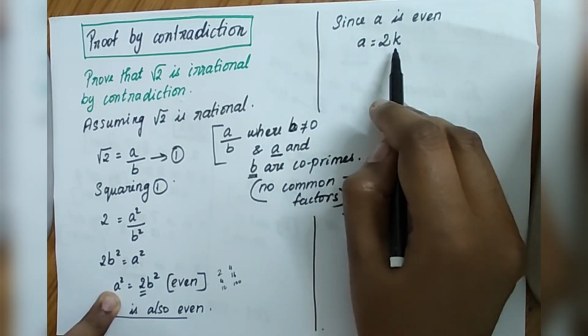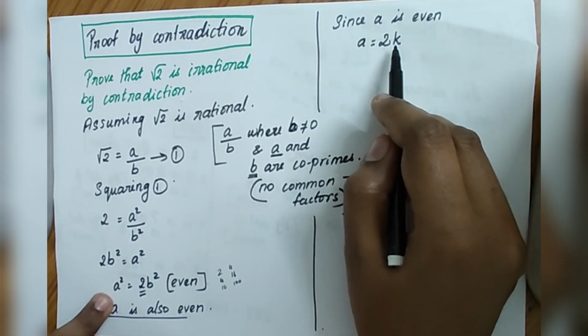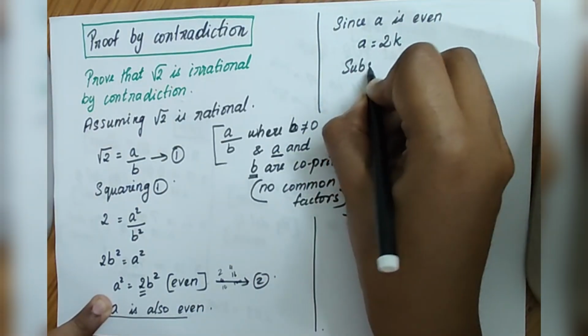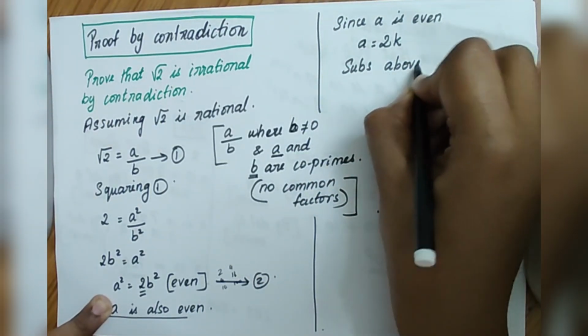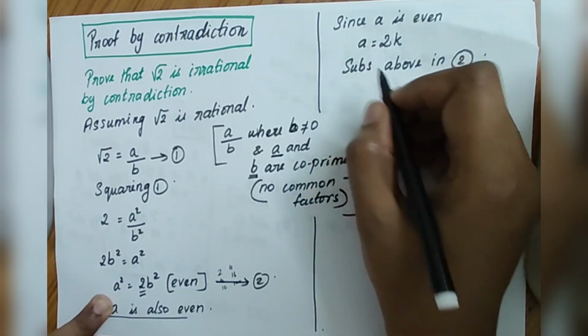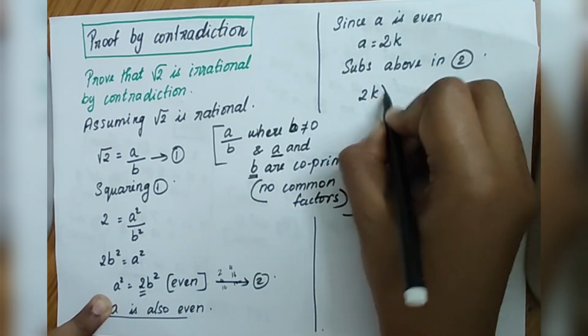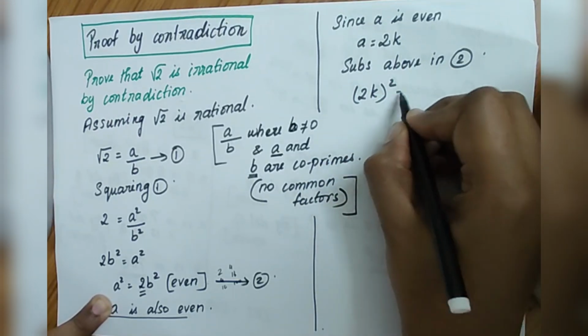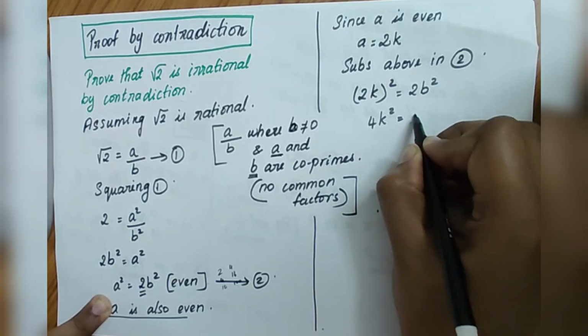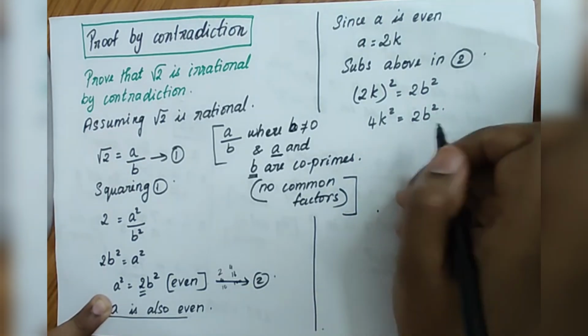I'm going to substitute this in this equation, say this is 2. Substituting above in 2, what do we get? 2k the whole squared is equal to 2B squared. That is 4k squared is equal to 2B squared.